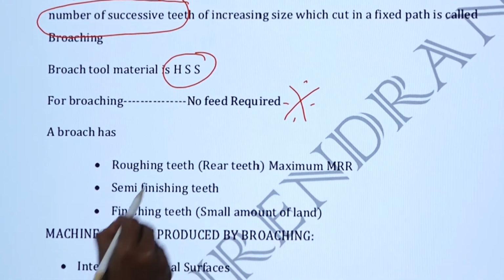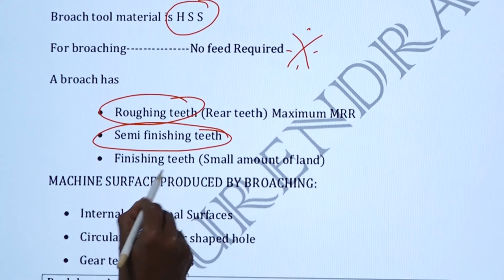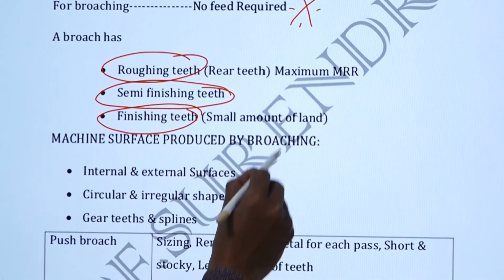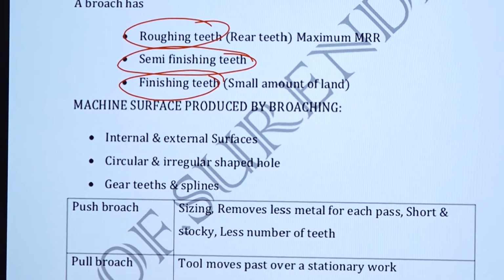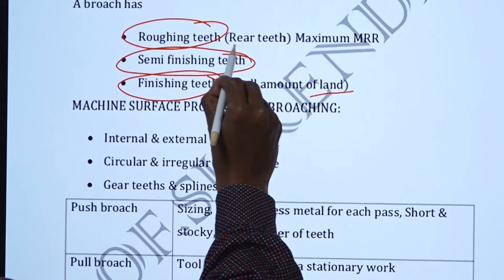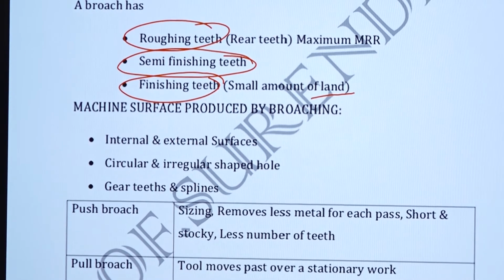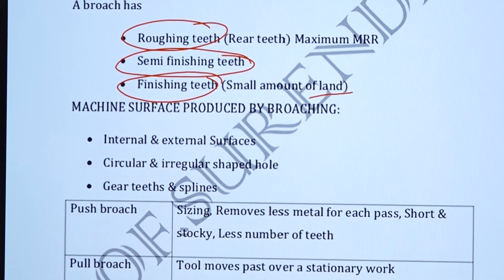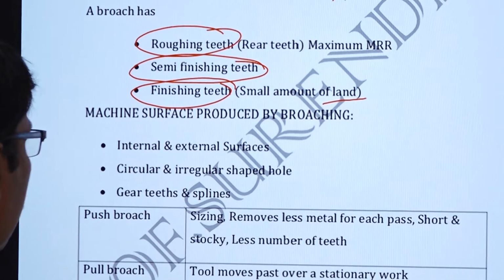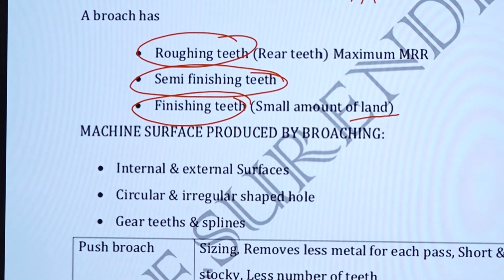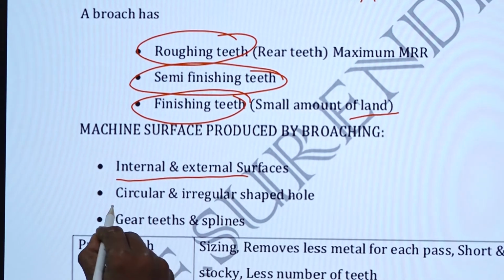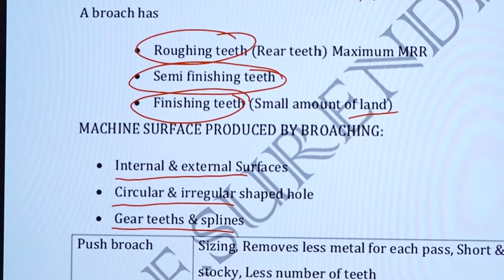The finishing teeth have a small amount of land, and the roughing teeth remove the maximum MRR. Surfaces that can be produced by broaching include internal and external surfaces, circular and irregular surfaces, gear teeth and splines.